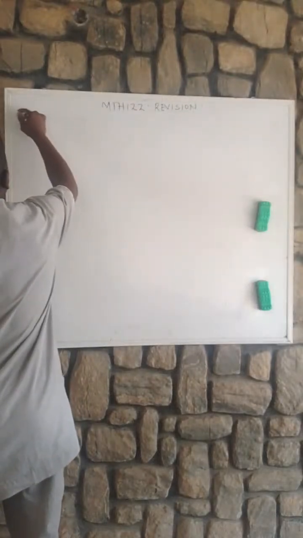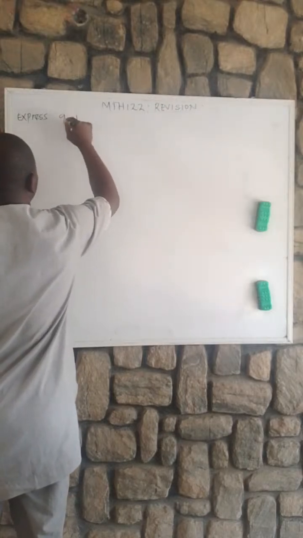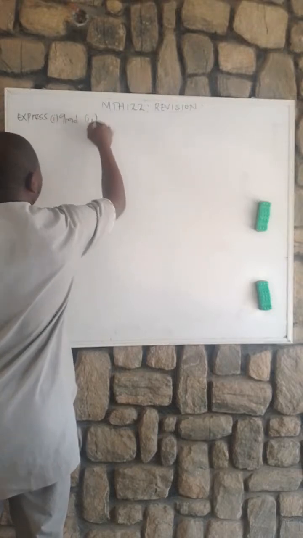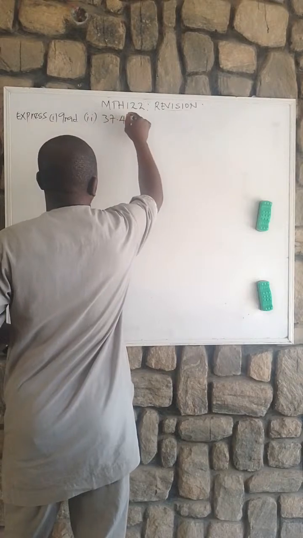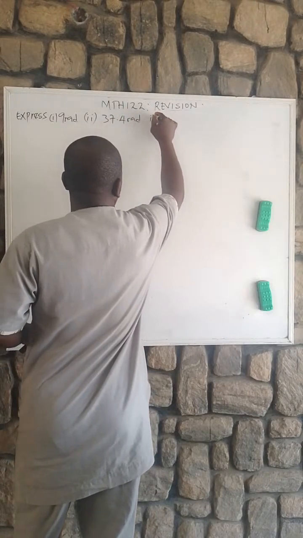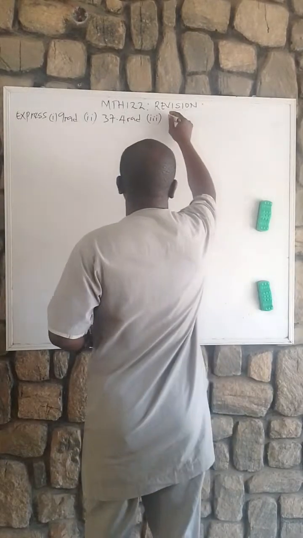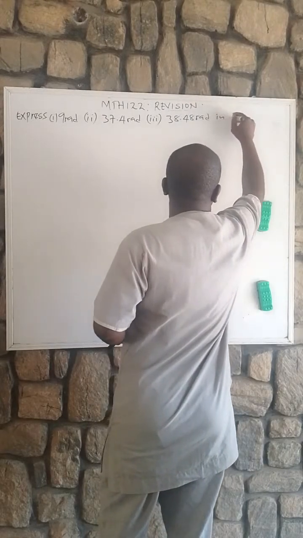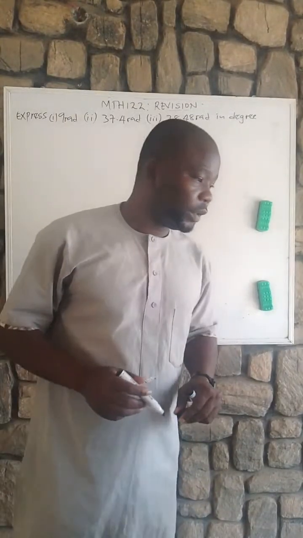So, express another example: 9 radian, that is I; 37.4 radian, II; 38.48 radian, III, in degrees.